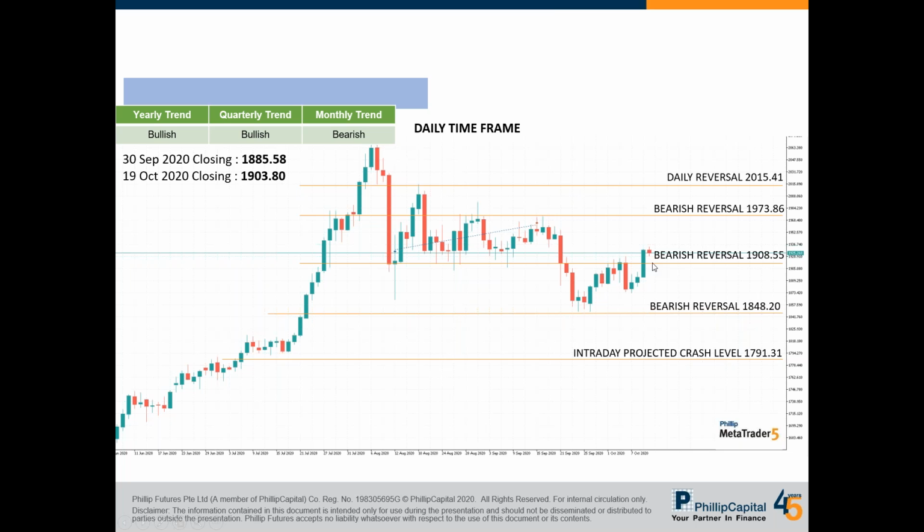If it's not close to this line, you can test for a buy. All right. However, you need to take note that if the prices crash within a day, not over days and months, to our projected crash level here at 1791, you need to prepare to cut loss and wait for price to sell off lower before entering again.